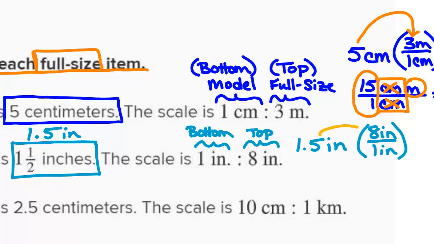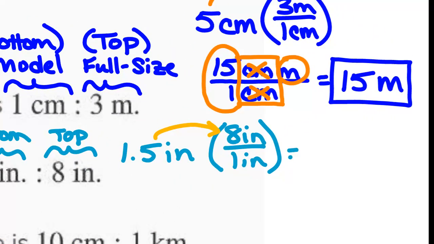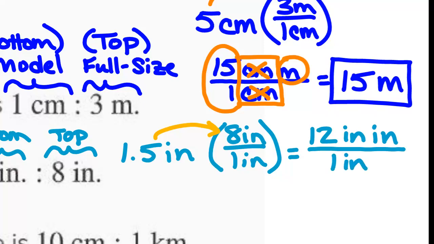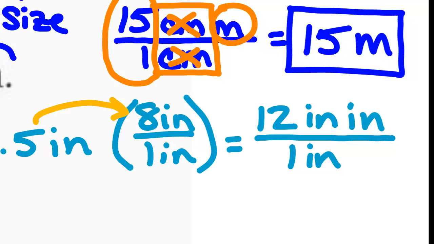We take that 1.5 inches, we multiply it to the 8 inches. What is 1.5 times 8? 12. So I have 12, and then I've got the unit of inches twice. Down in my denominator, I had 1 inch. What happens at this point?